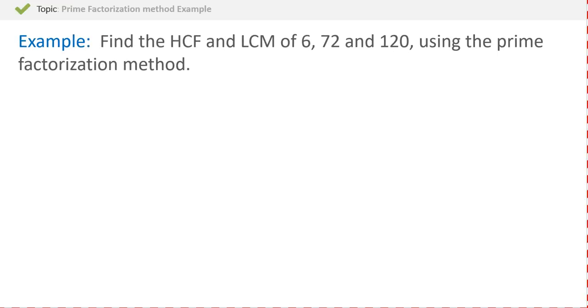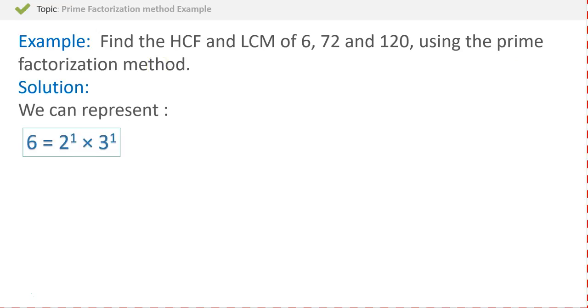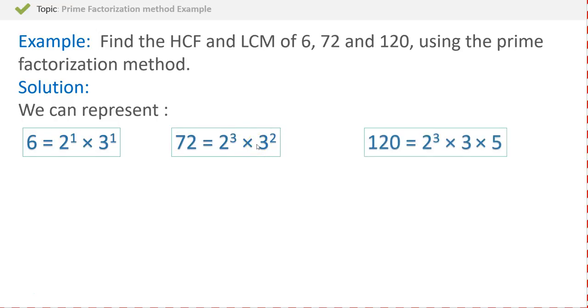Now let's take another example where I have to find the HCF and LCM of 6, 72 and 120 using the prime factorization method. I'm going to do the same in this case. I'm going to represent 6, 72 and 120 as prime factors.